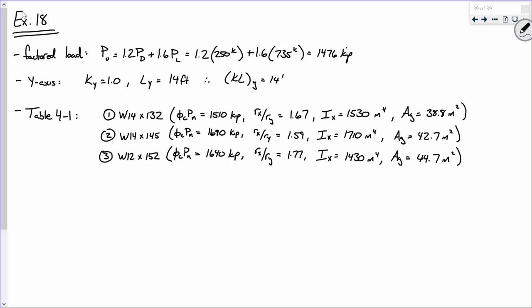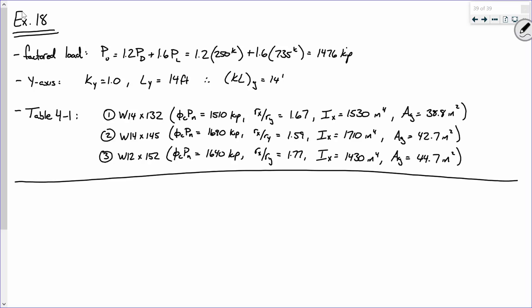Okay. Now here's another added perk to how this problem is laid out. Are these final designs or are they trial shapes? They're trials because these are all selected based off the weak axis. We need to select based off the strong axis, or we need to verify based on the strong axis. One nice thing about how these are arranged, they're arranged in terms of economy.